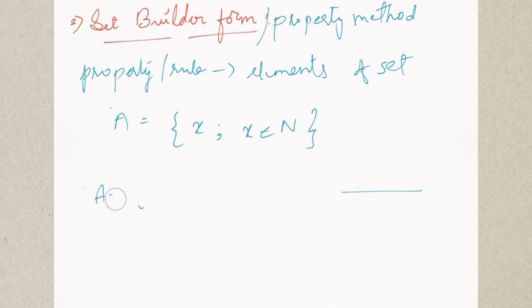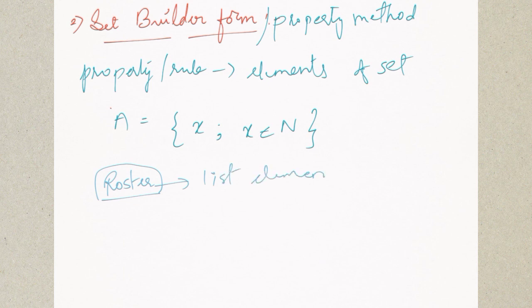So you can give a condition for that particular set. So actually A is a set of natural numbers. Very simple. Understood? So that is what this set builder form is. Here, in the roster method, what we will do is we will list everything, list all elements.